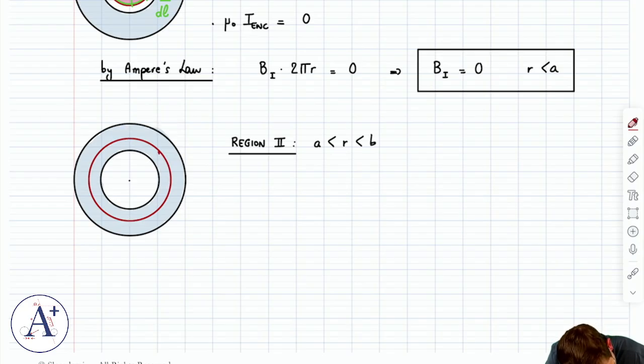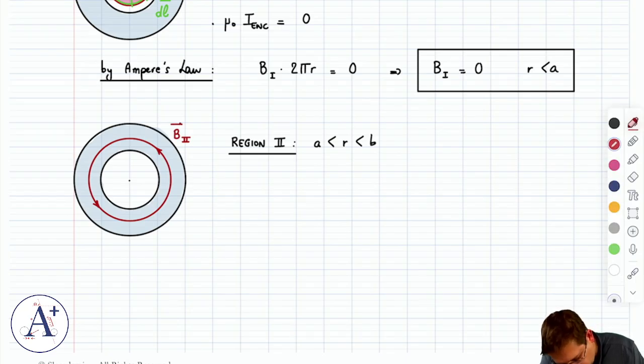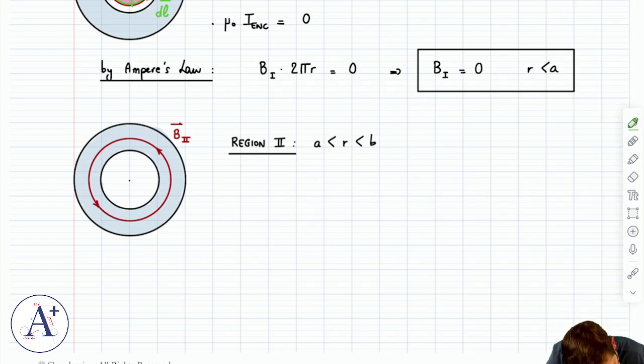They're going to be counterclockwise, so that's going to be B2. And the same thing is going to take place again. I'm going to choose a closed contour that follows B2 as much as possible, and then that's going to have a radius little r and an orientation dl, which is counterclockwise.